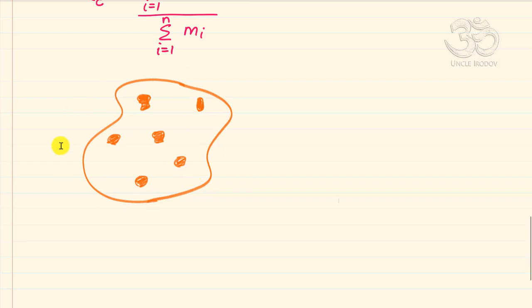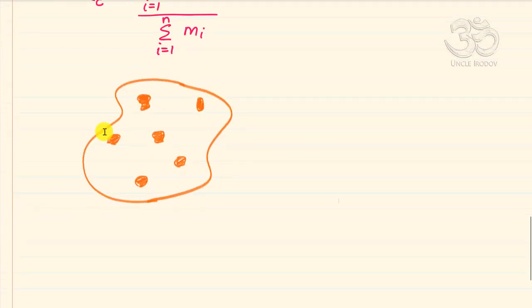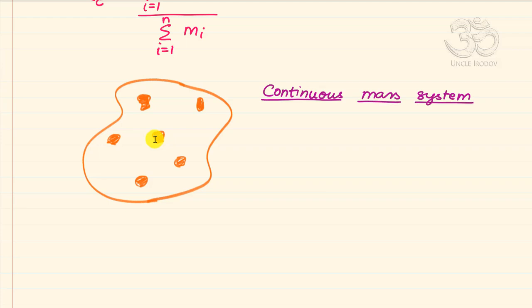When I chop it up into small pieces, each piece has a mass that tends to zero. So what I can do is, for this continuous mass system, I can say that the number of pieces or the number of elements will tend to infinity.